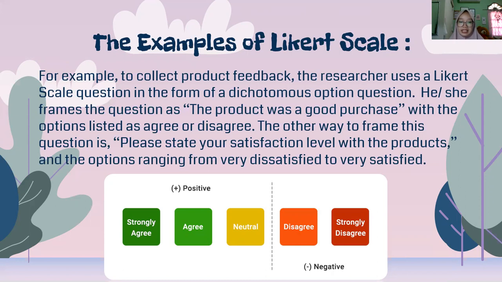Take a look at this picture. There are strongly agree, neutral, disagree, and strongly disagree. When responding to an item on the Likert scale, the user responds explicitly based on their agreement or disagreement level.